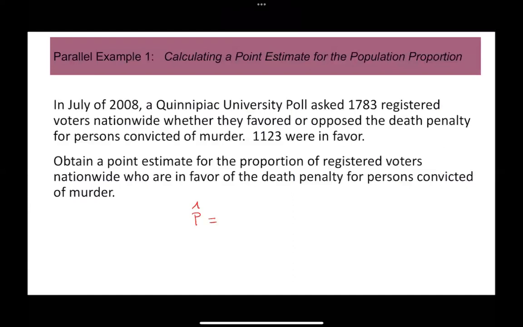So our p hat is 1123 divided by 1783. I'm going to put that in my calculator. We're at 0.6298. So about 63% of the people in this particular poll were in favor of the death penalty. That's it. That's our point estimate. We've done this before, not brand new.